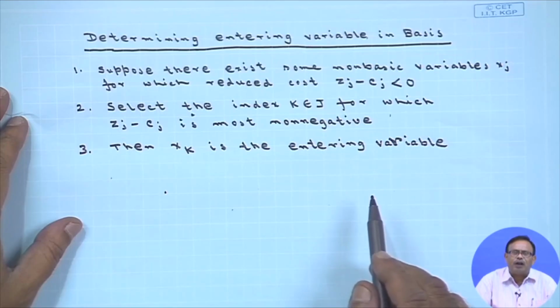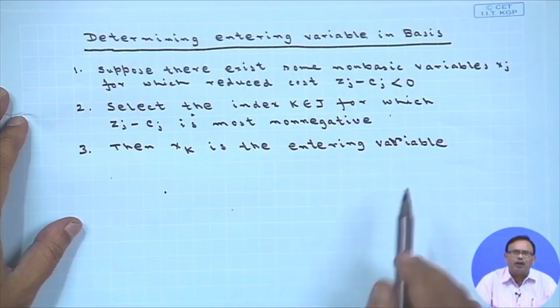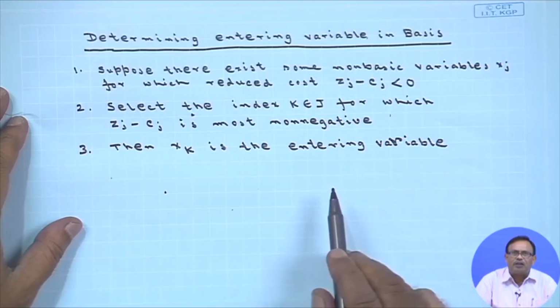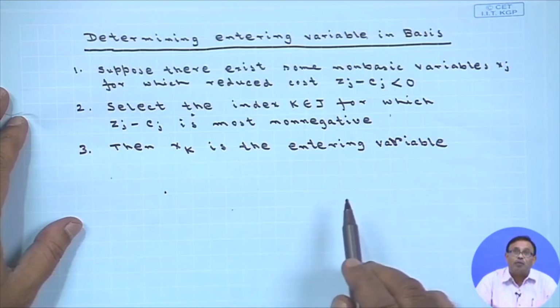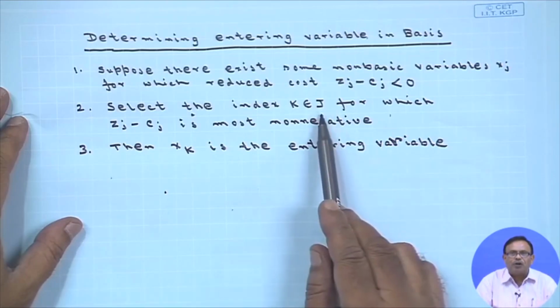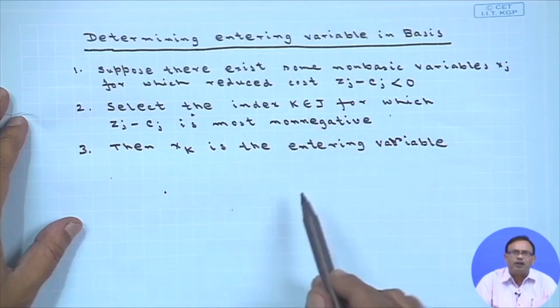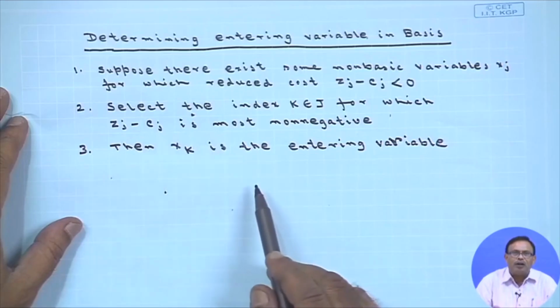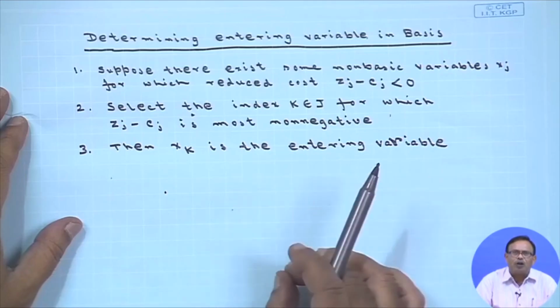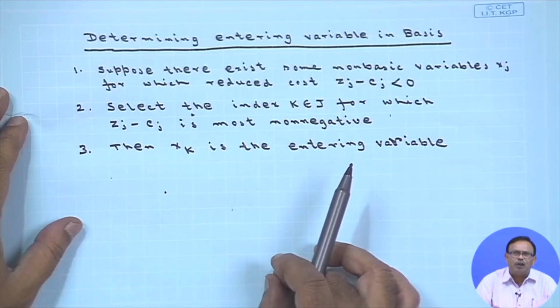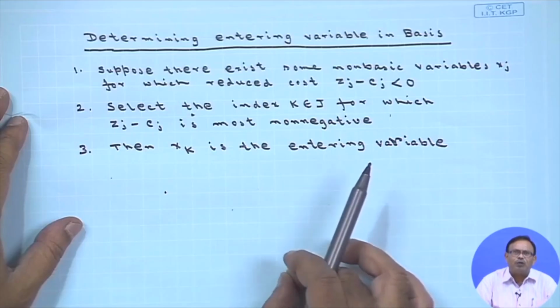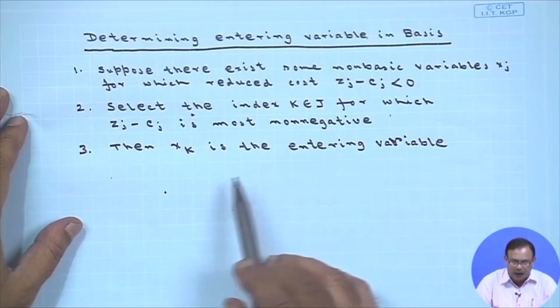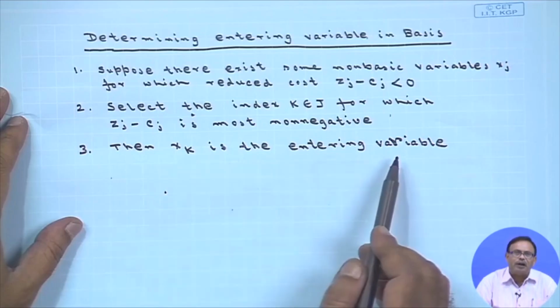So, if there is some variable xj for which zj minus cj is less than 0, then from the index set J of the non-basic variables I will select k for which zj minus cj is most negative.